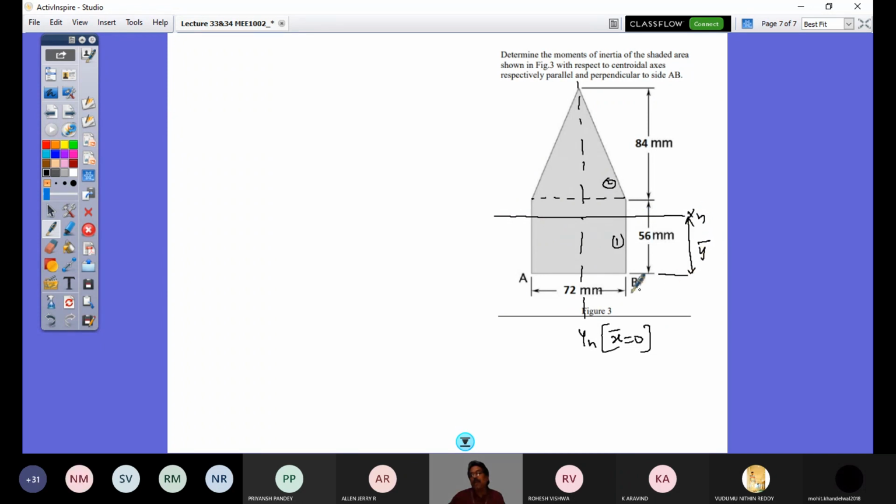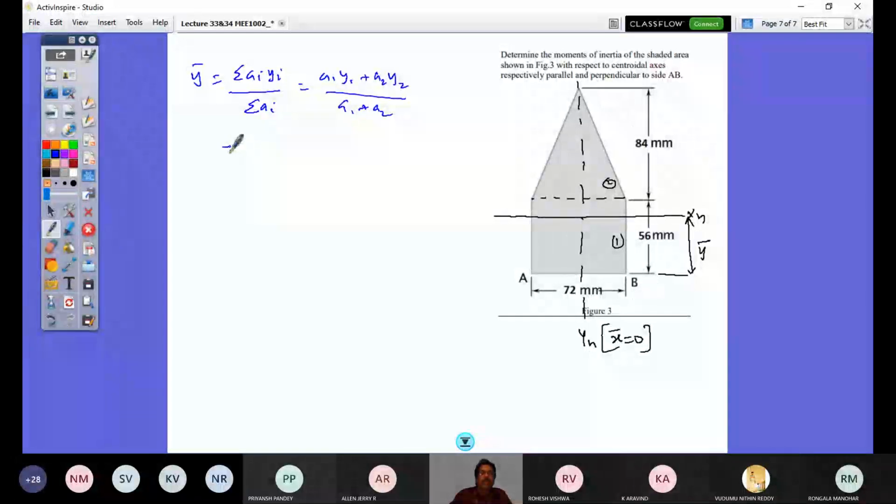So I have to find out y bar in this case, like in the previous case we found x bar. So y bar would be sigma aiyi by sigma ai. This is a1 y1 plus a2 y2, here it's plus because it's addition, divided by a1 plus a2. So you can substitute the values. What is a1? It is 72 into 56, and y1 is 28, the centroid of this triangle... that is 56 by 2.